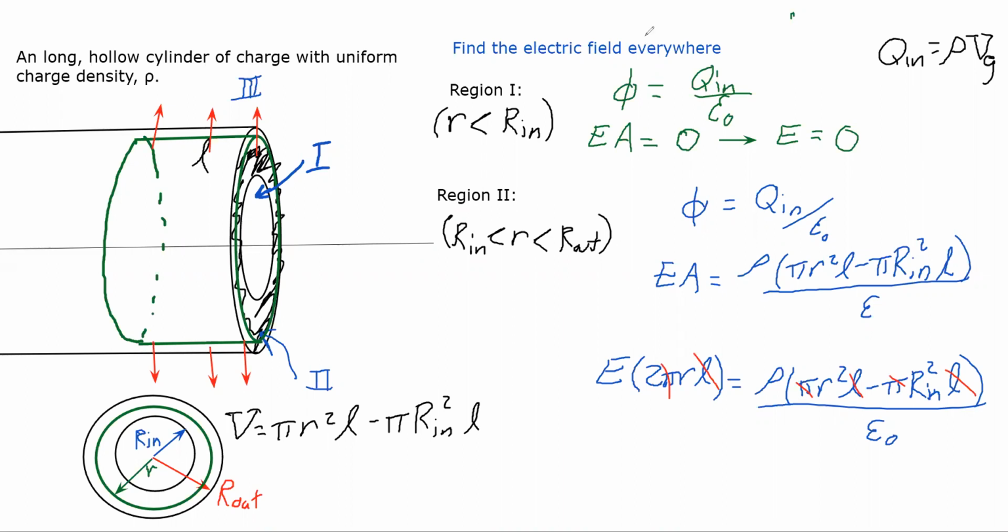So I'll just keep it like that and solve for E. So my expression for E equals rho over 2 epsilon 0 R times everything in my numerator here. What's in my numerator? R squared minus Rn squared.